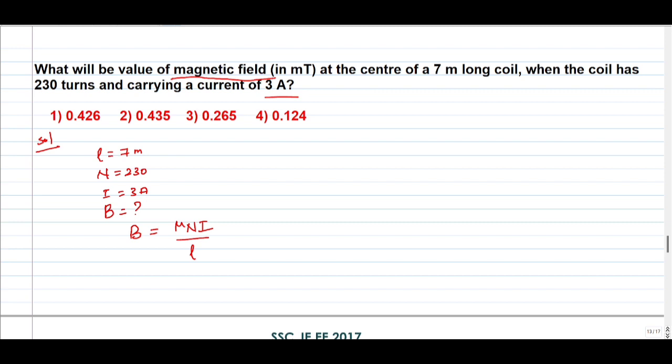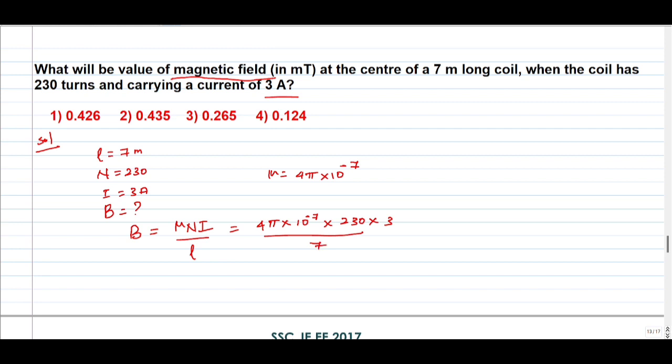Okay, now we need to substitute the values here. Mu is nothing but 4 pi into 10 to the power of minus 7. So 4 pi into 10 to the power of minus 7, into N is 230 and I is 3, by length is 7.